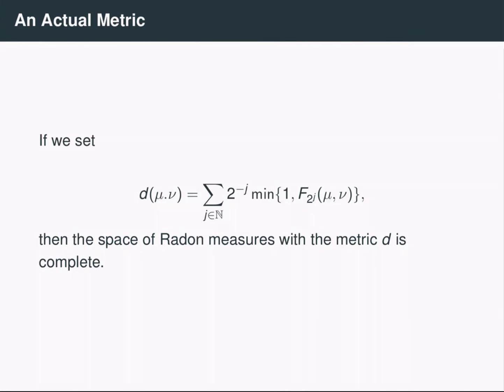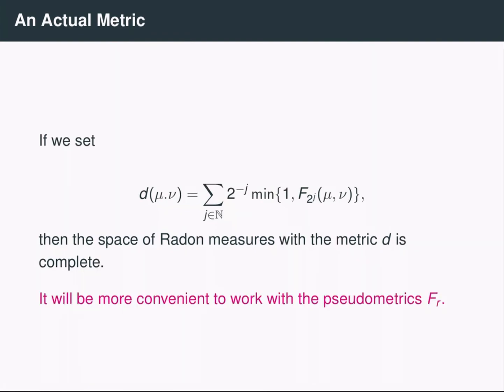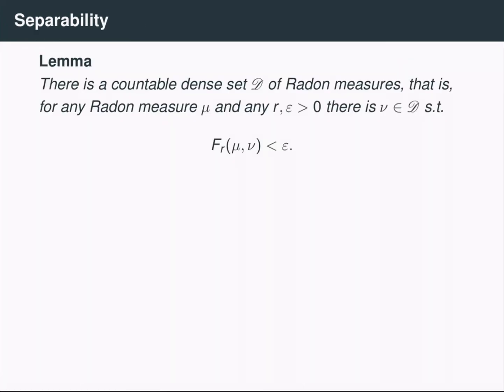We define the metric d of mu, nu to equal the sum, a linear combination, of the minimum of 1 and the F metrics in the balls centered at 0 of radius 2^j. Then not only will this give us a metric on the space of Radon measures, but the space of Radon measures will be a complete metric space under this metric. However, we'll more often work with these individual pseudometrics F_r instead of the above metric.